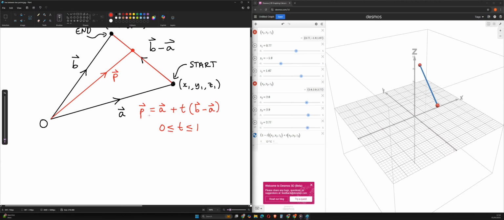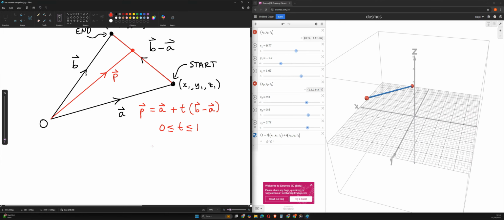Now we can slightly change this equation over here.